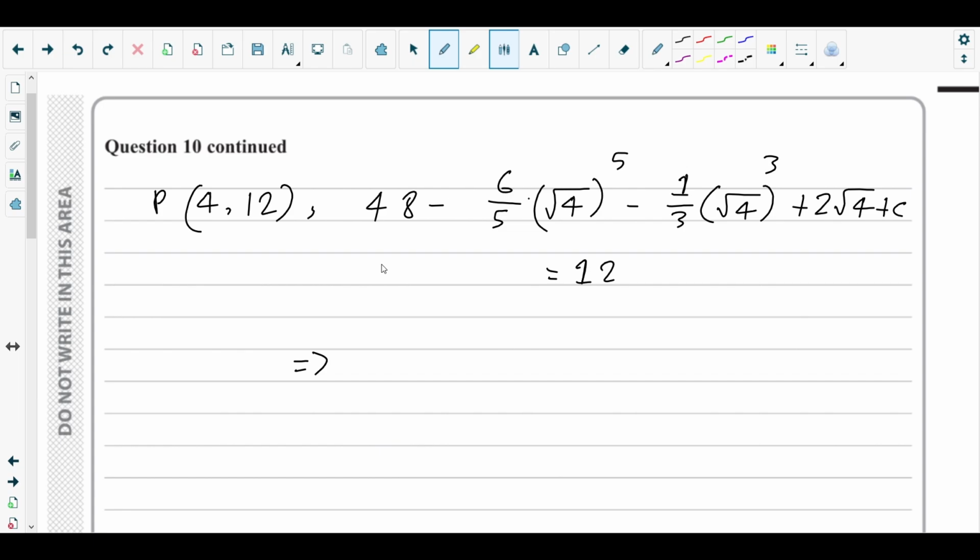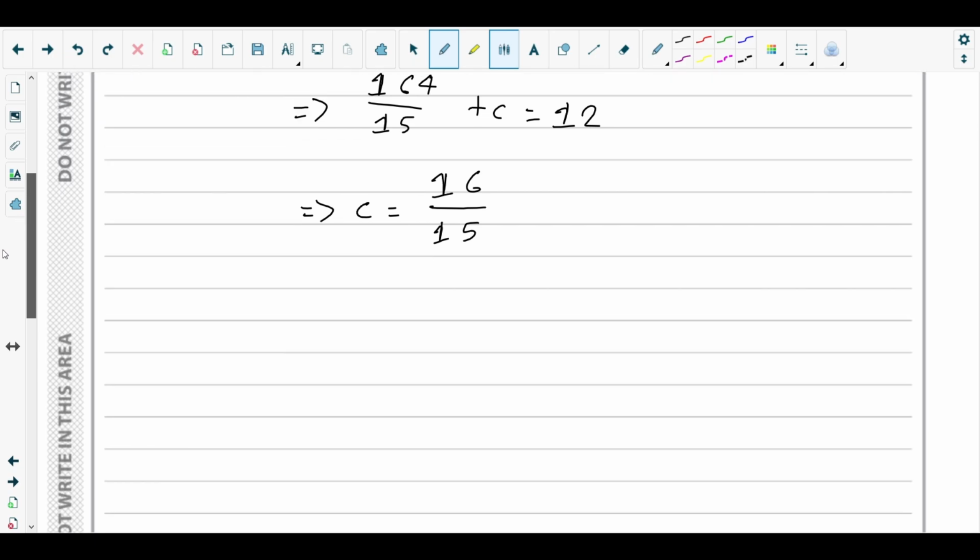You will get 164 over 15, plus c equals 12. So the value for c would be 12 minus 164 over 15. This is 16 over 15. So the value for c we got is 16 over 15.